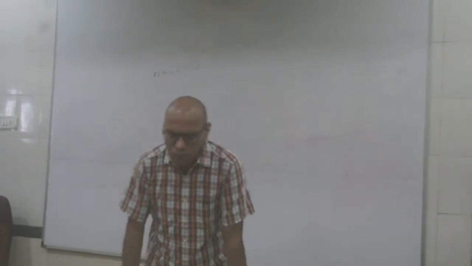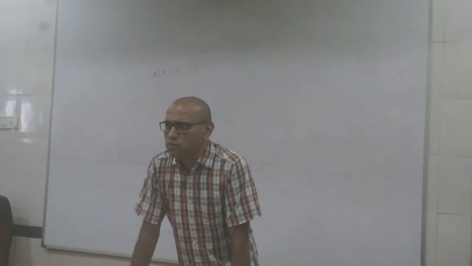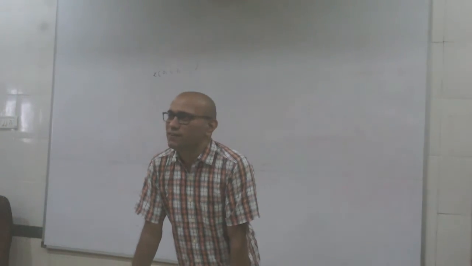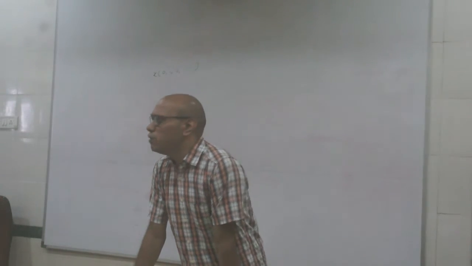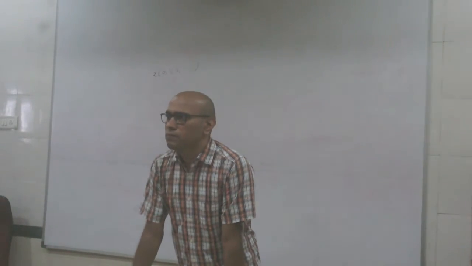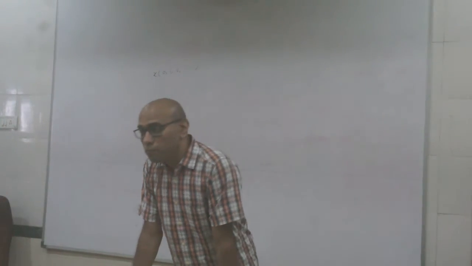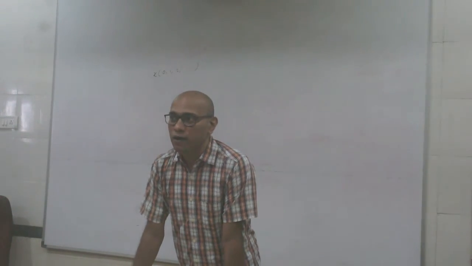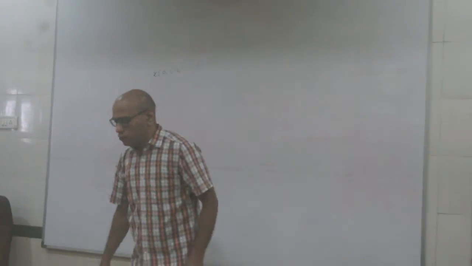Number of students who are present in this class today is a discrete random variable. Number of chairs in the university, discrete random variable. You can count 1, 2, 3, 4, 5 and so on and so forth.